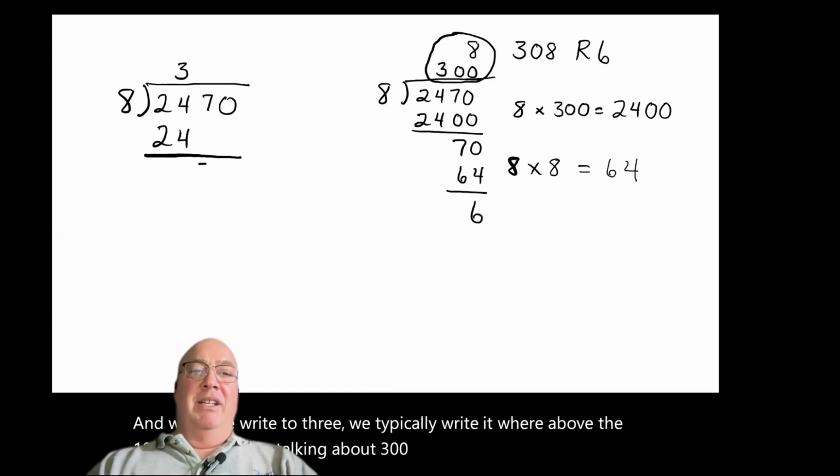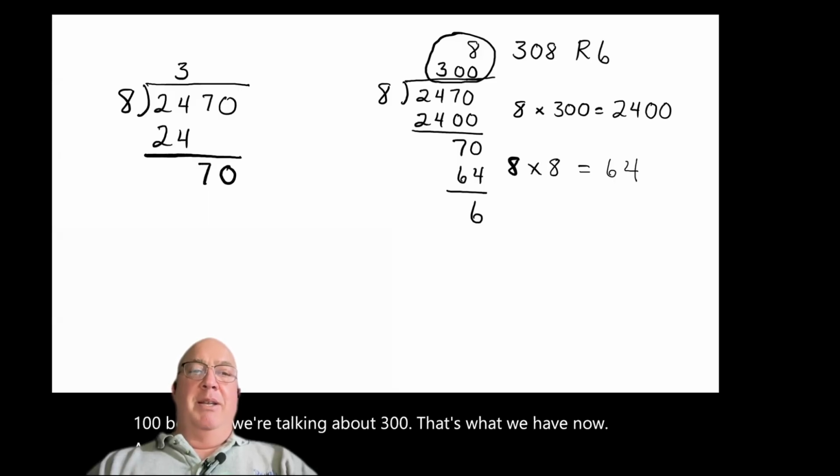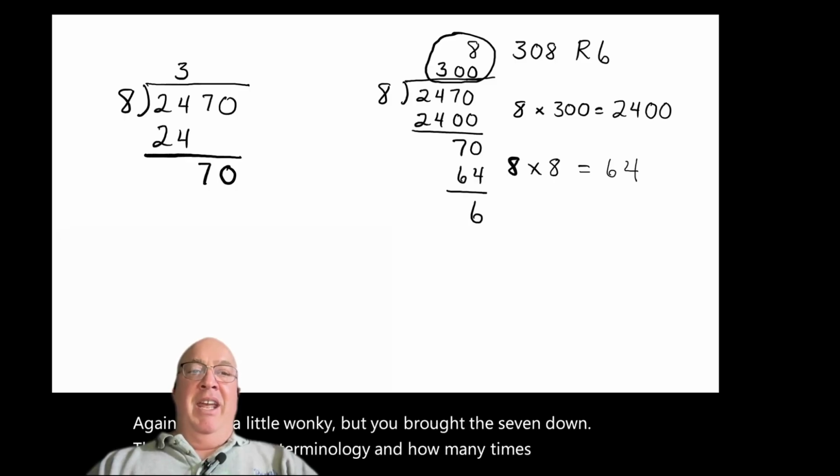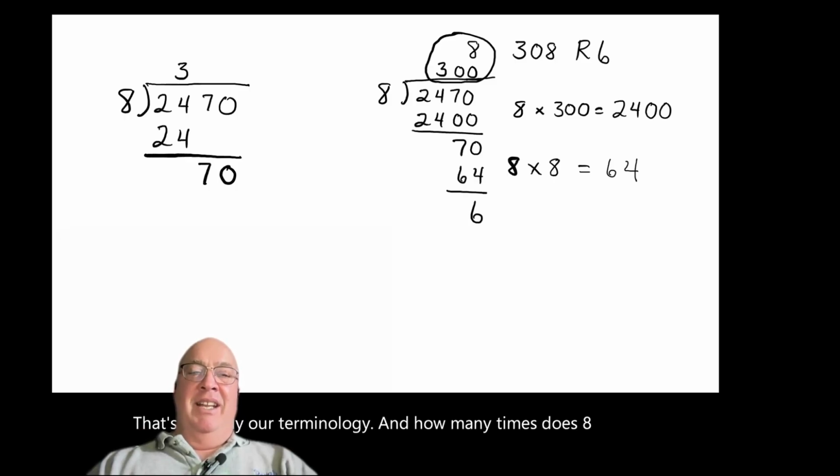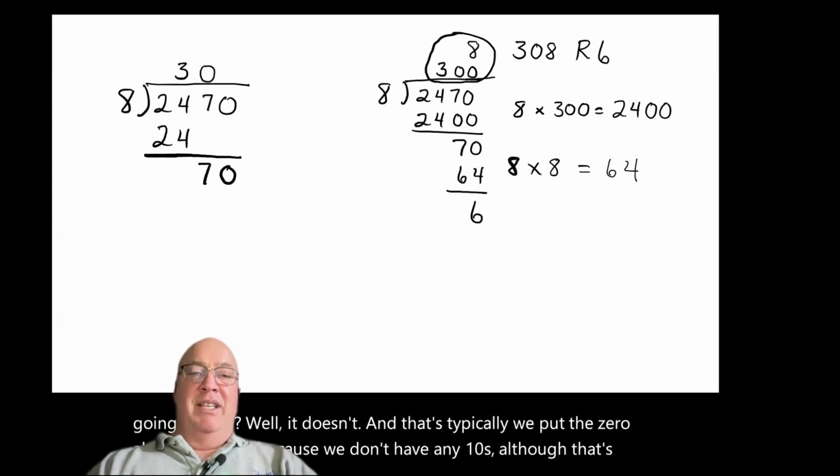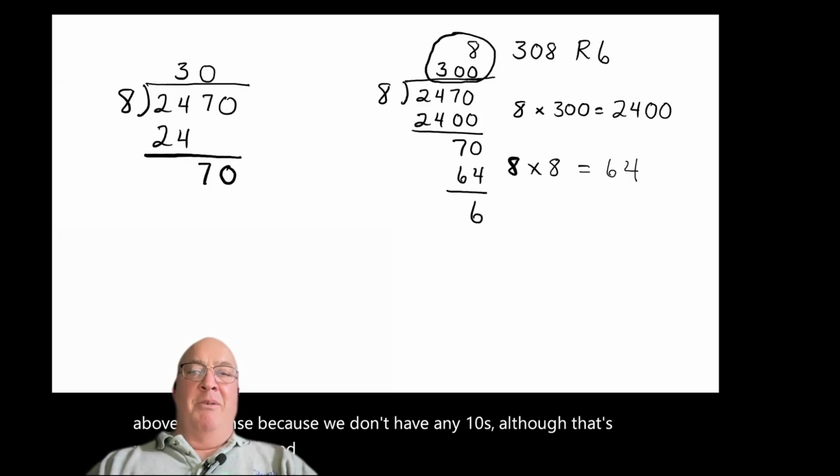Now, this is a little wonky, but you brought the 7 down. That's typically our terminology. And how many times does 8 go into 7? Well, it doesn't. Typically we put the 0 above the tens because we don't have any tens, although that's not made explicit. And then we typically bring down the 0.